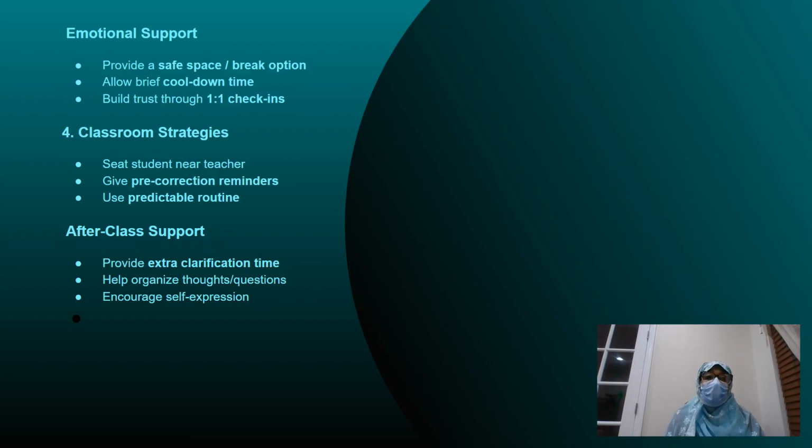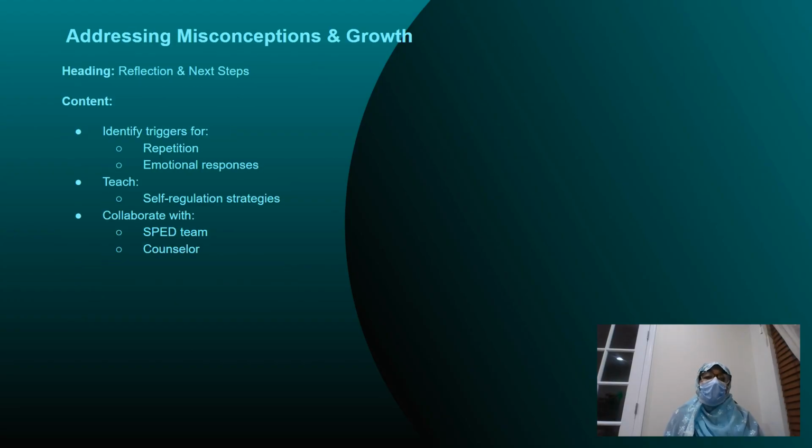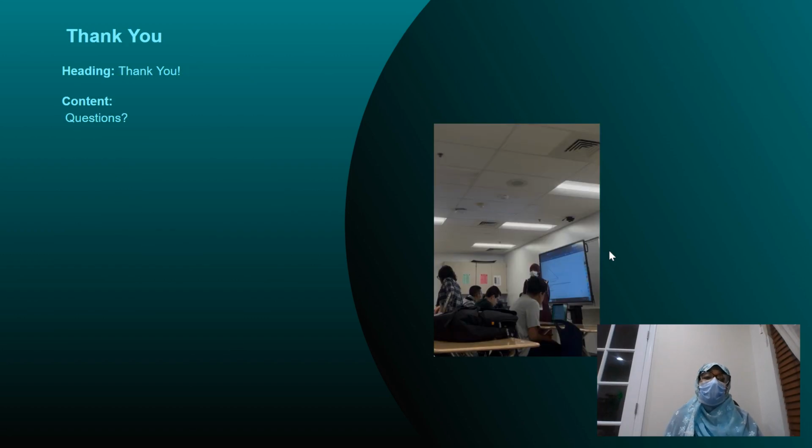After class support: provide extra clarification time, help organize thoughts and questions, encourage self-expression, and address misconception. And growth, reflection and next steps: identify triggers for repetition and emotional response, teach self-regulation strategies, collaborate with the special ed team and counselor.